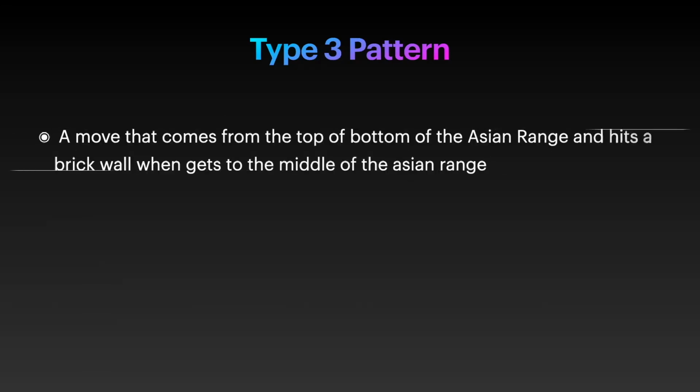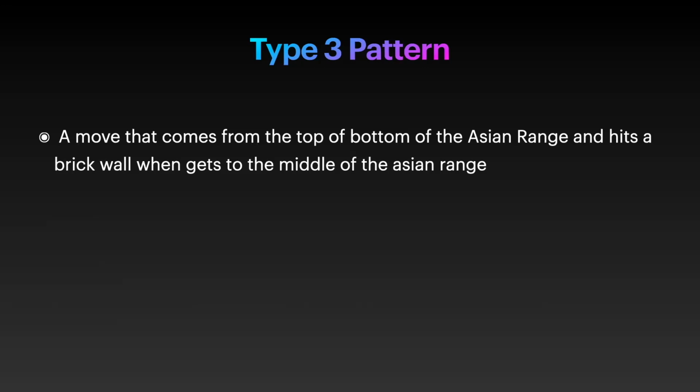Type 3 patterns is basically a move that comes from the top or bottom of the Asian range and hits a brick wall when it gets to the middle of the Asian range. All right? It's like a Lamborghini going 150 miles per hour, and then all of a sudden it pumps the brakes and it stops.